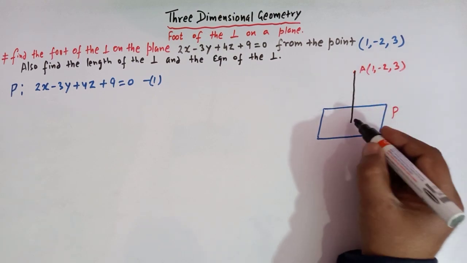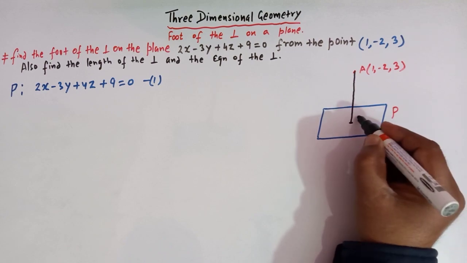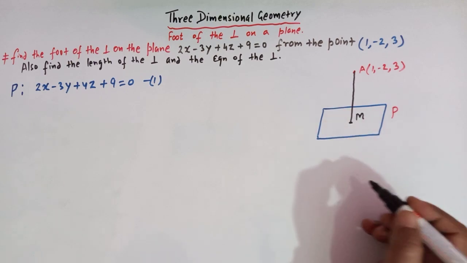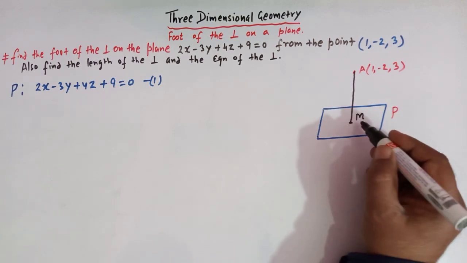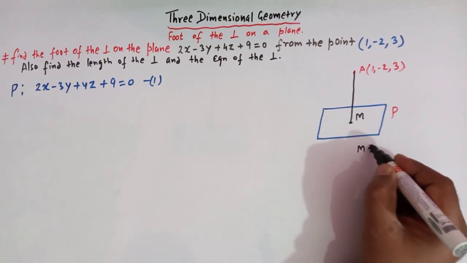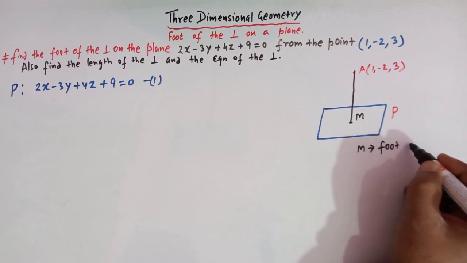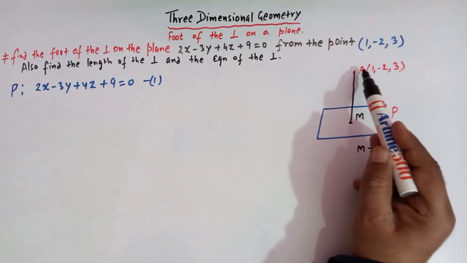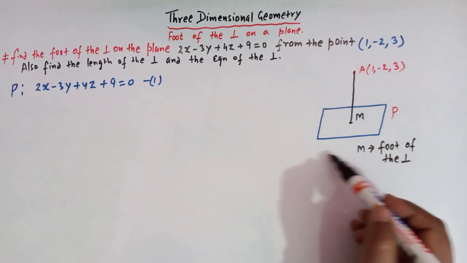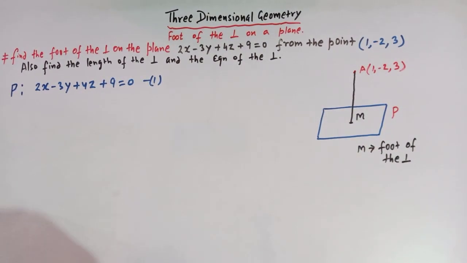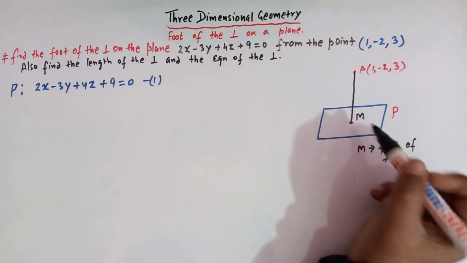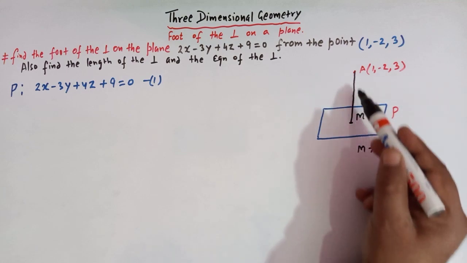So on this perpendicular, say this point is M. So M is the foot of the perpendicular which has been drawn from this point A to this plane P. And here we have to find the equation of this perpendicular.